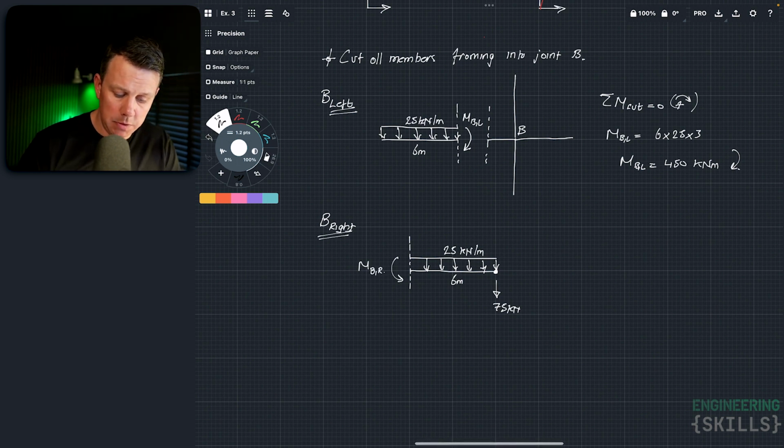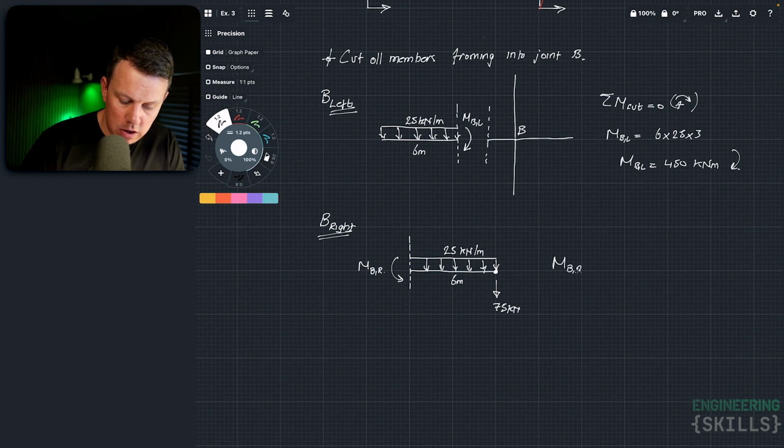And again, taking the sum of the moments, we can say that MBR is going to equal 75 by 6 plus 25 by 6 by 3. MBR is equal to 900 in the orientation shown, 900 kilonewton meters, like so.